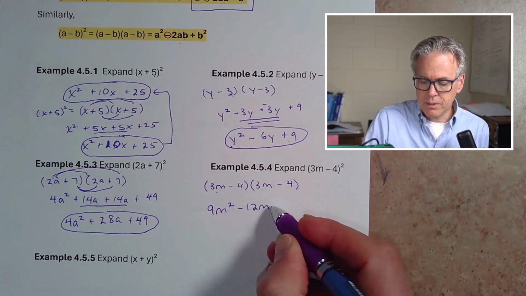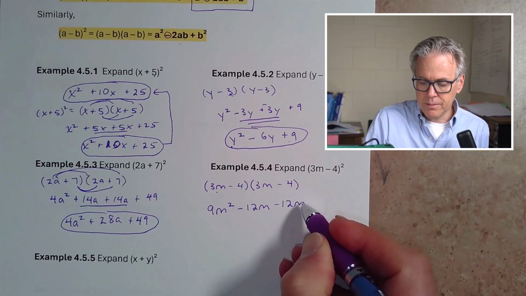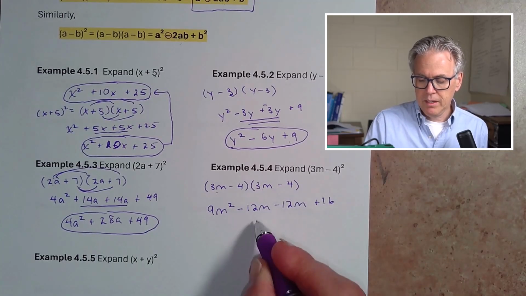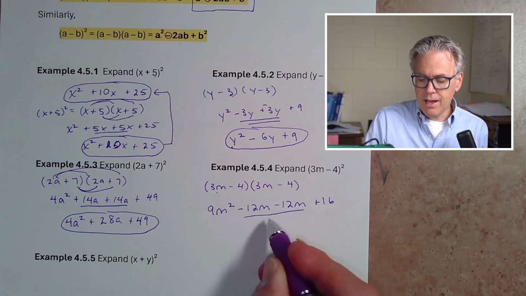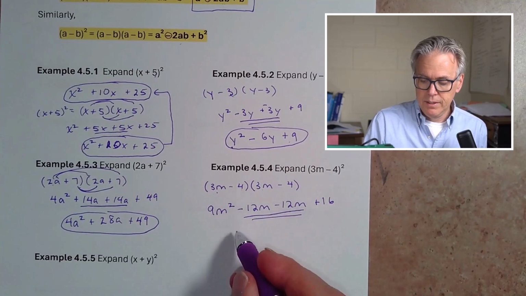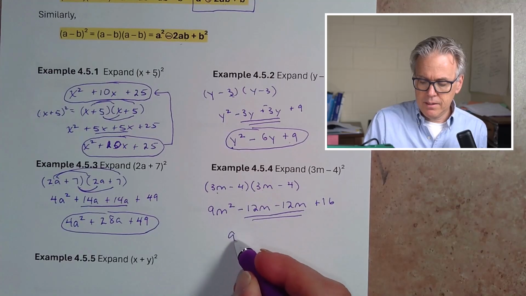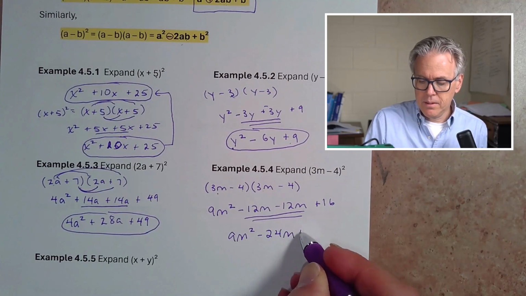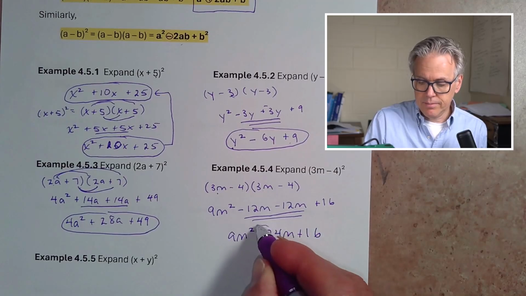Negative 4 times 3m is another minus 12m. And then negative 4 times a negative 4 is a positive 16. Make sure you see, these are not going to cancel out. They will never cancel out when we're doing squares like this. So we're going to say 9m squared minus 24m plus 16.